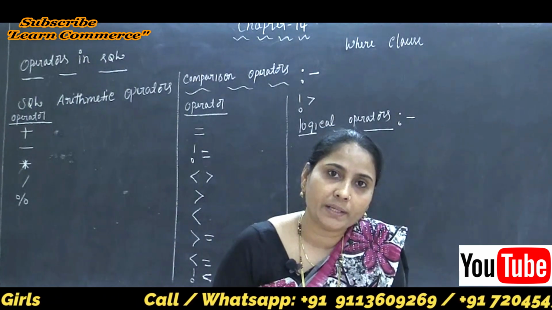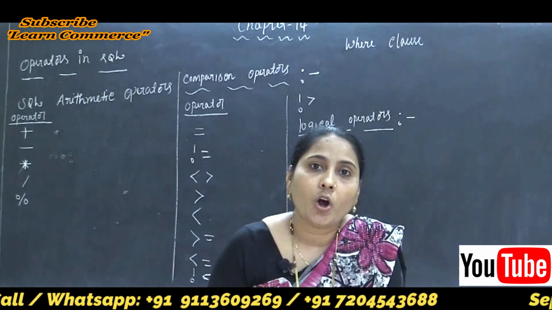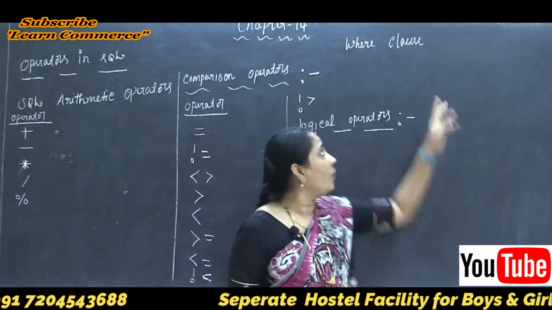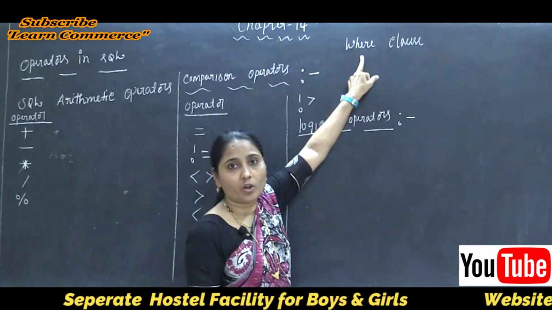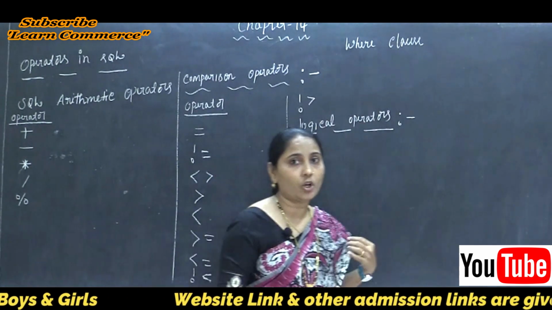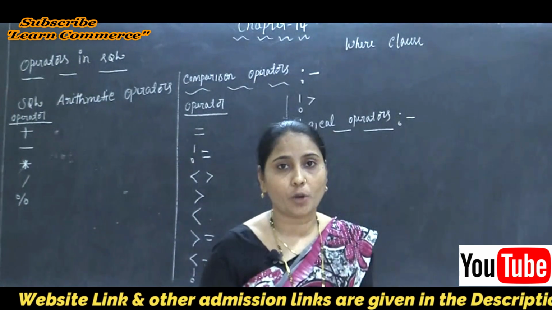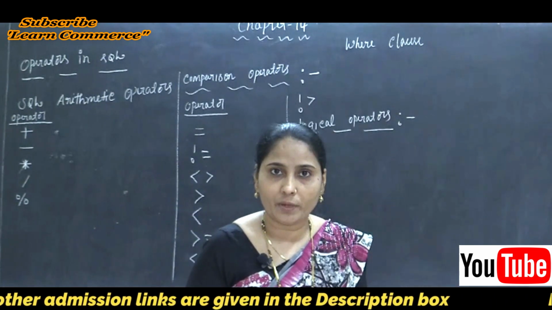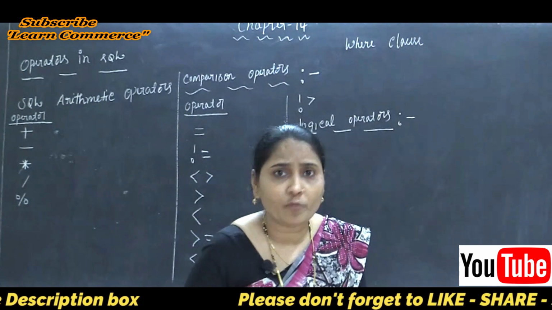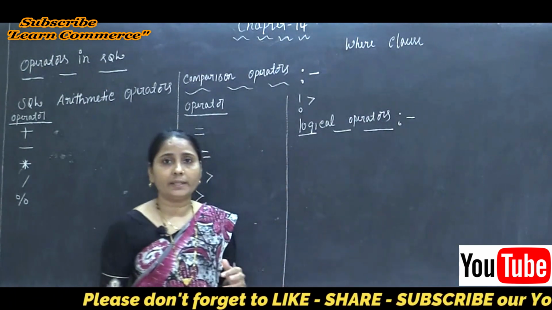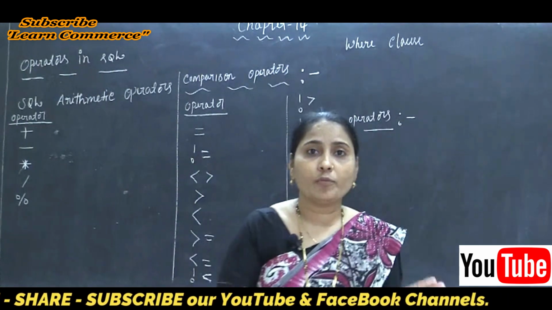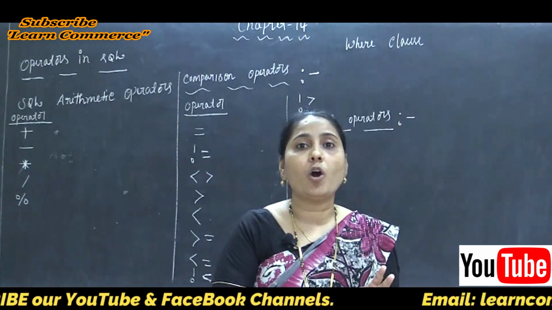What is an operator? It is a reserved word or character, specially used with the where clause. The where clause is the where condition to perform some operations. What operations can we perform by using the operator? The arithmetic operation and the relational operation. And the operators are classified into, the first one, the arithmetic operators.